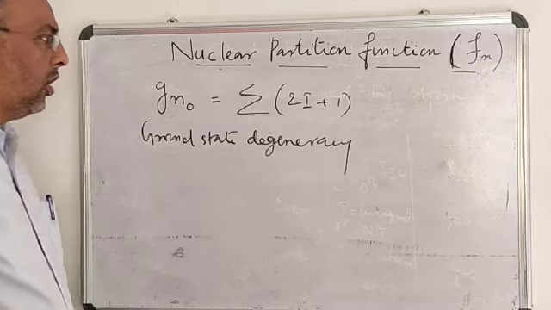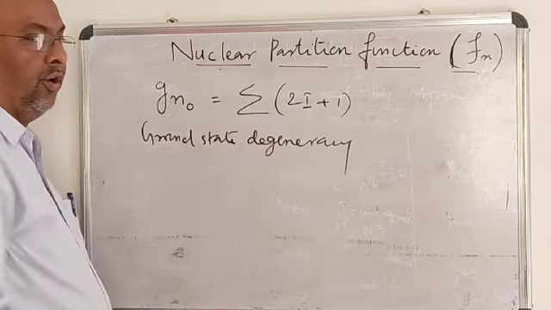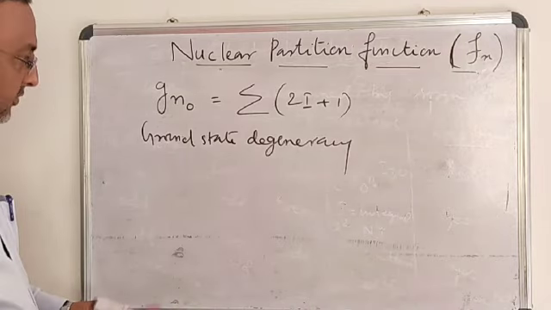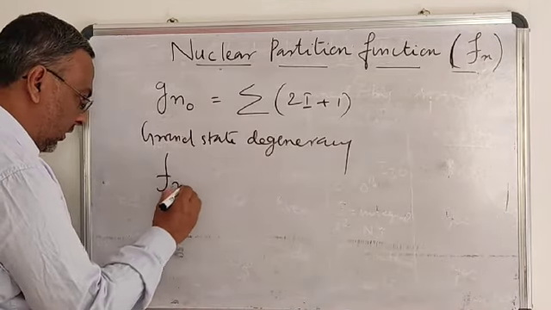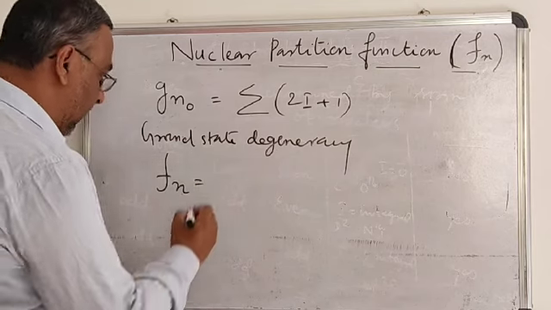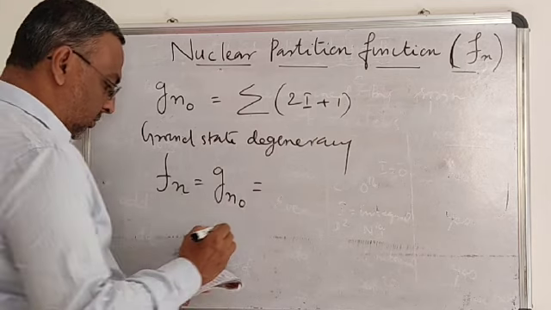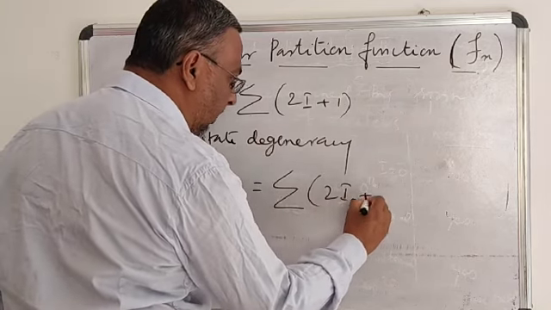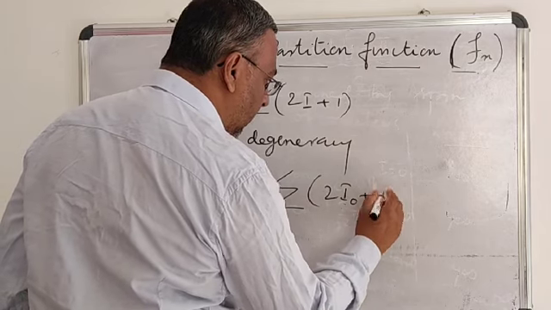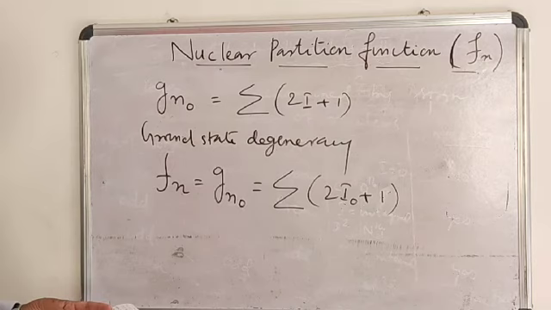And I is called the spin quantum number of the nucleons, that is, the nucleus. From this I can find out the nuclear partition function, which will be equal to g_n0, equal to sigma of 2I naught plus 1, where the spin quantum number in the ground state is represented by I naught.